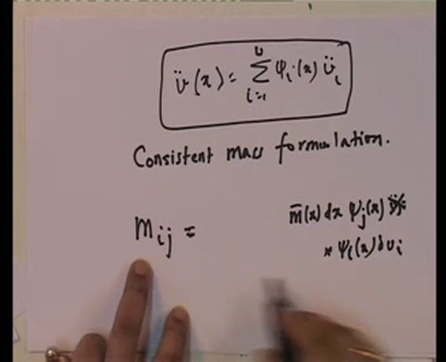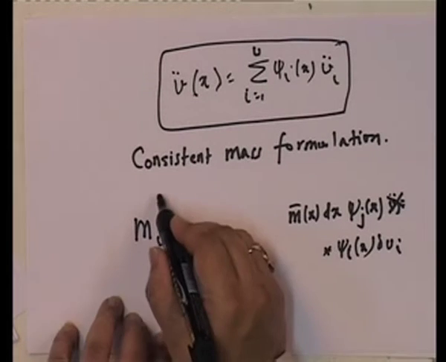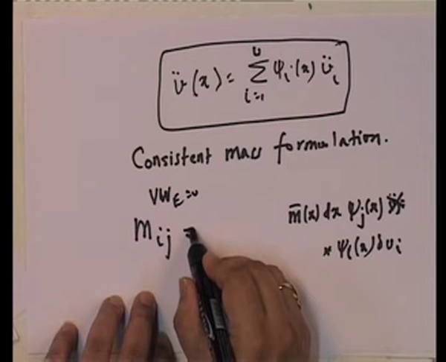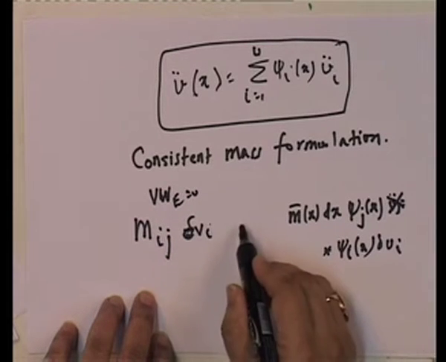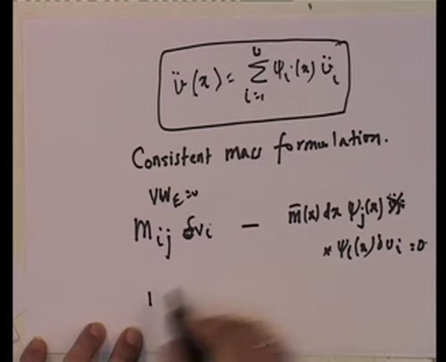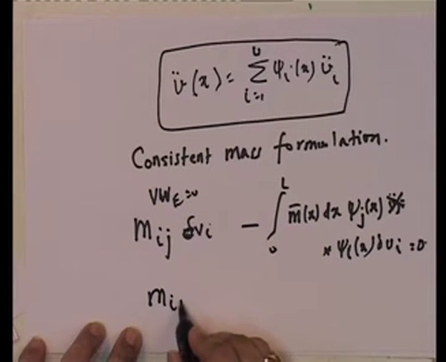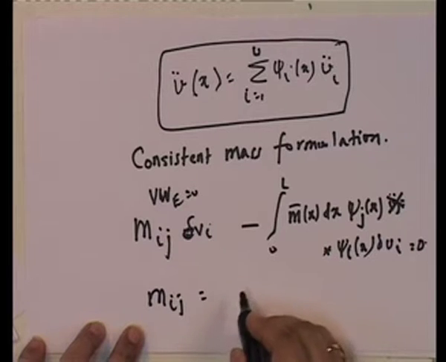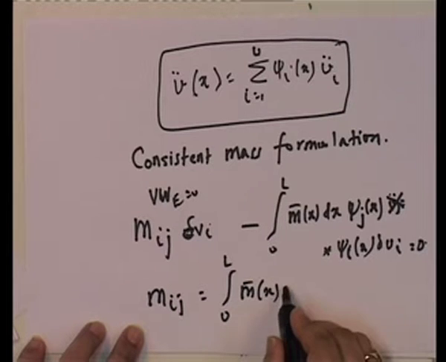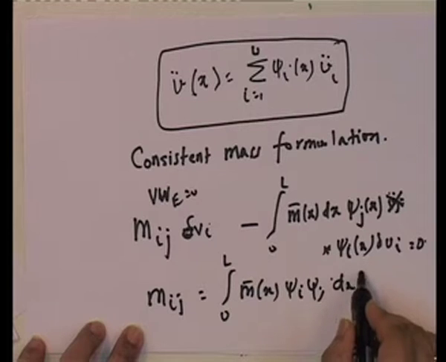And this is equal to m I j into del V I. If you look at virtual work equal to 0, this into del V I minus this is equal to 0, integrated over the whole length. So, automatically m I j becomes equal to the integral from 0 to L of m bar x xi I xi j into dx.